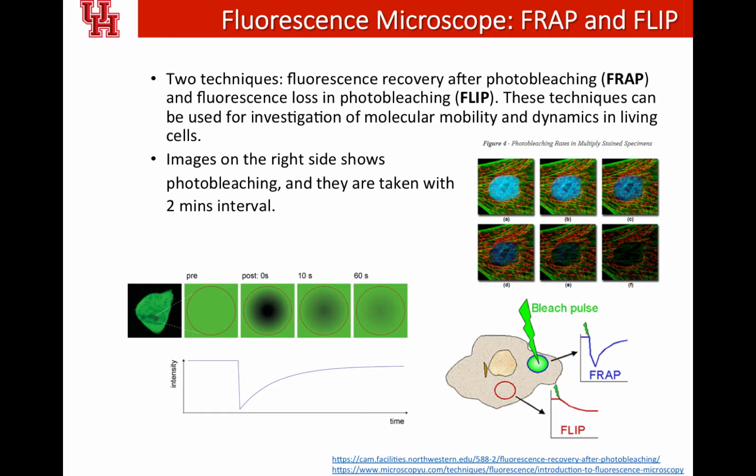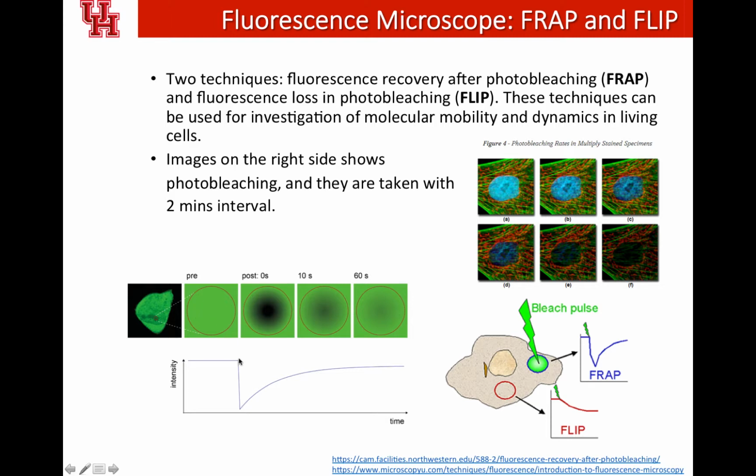However, people have utilized this so-called problem to develop two new techniques. One is called FRAP, one is called FLIP. FRAP's full name is fluorescence recovery after photobleaching. Basically, you intentionally introduce photo-bleaching, as you can see from this series of images.